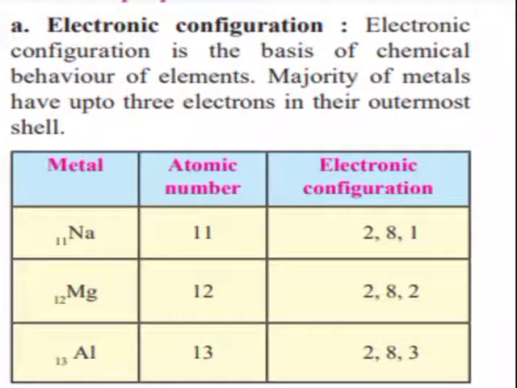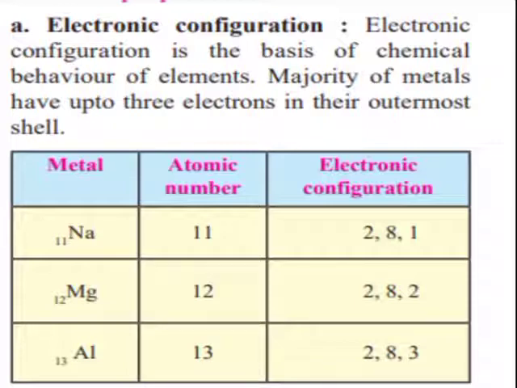Now let's see the next, metalloids. Some elements such as arsenic, silicon, germanium, antimony have properties which are intermediate between metals and non-metals. So such elements are called metalloids.